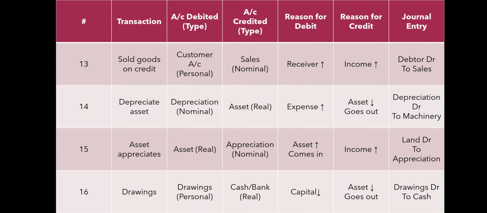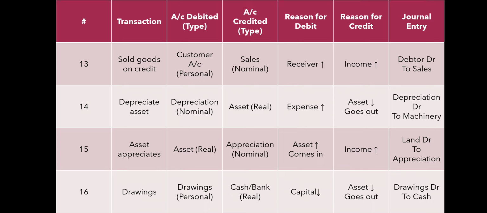My business is incurring loss. So loss is a nominal account. Since it's a loss, it will be debited. And my asset, that is reducing, right? 1000 is becoming 800, so a loss of 200 is happening, that is we'll consider it as my asset is going out, 200 units, so that will be credited.